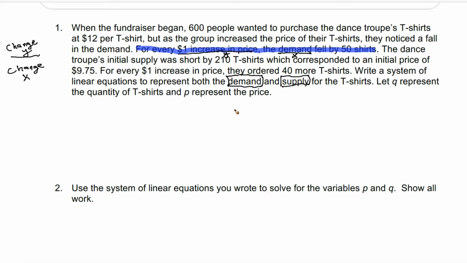So if we look at our demand, we're going to start with demand. What do we see about our demand? First, where did we start with demand? The initial supply was this, but what was the initial demand?